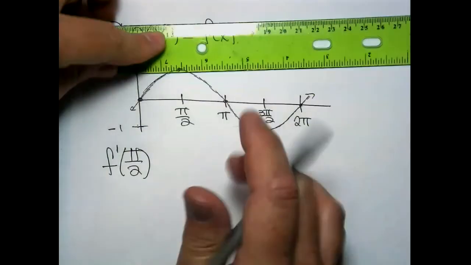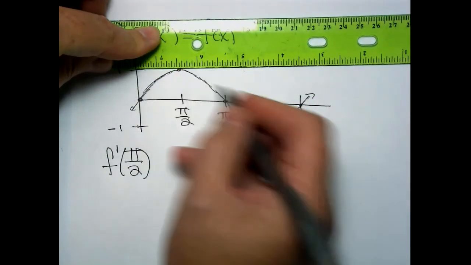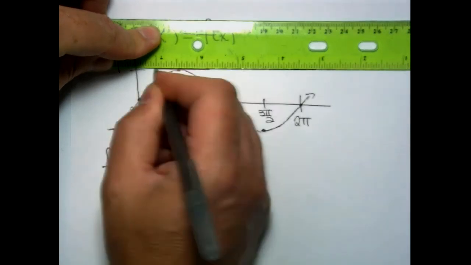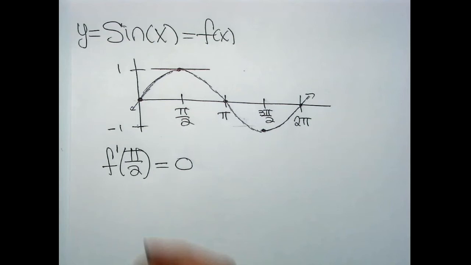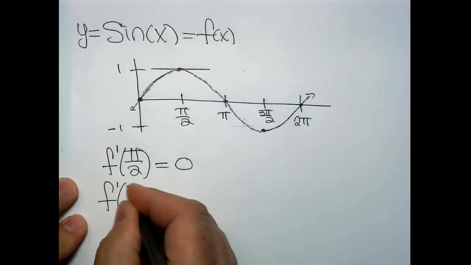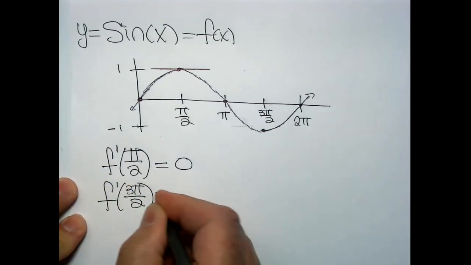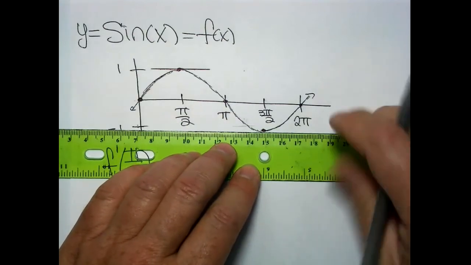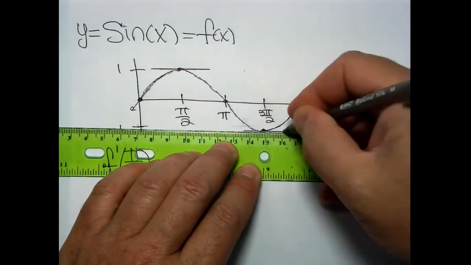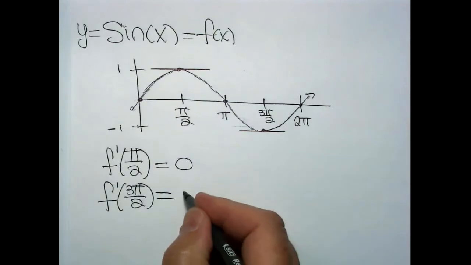Well, drawing a tangent line, it looks to me like f prime, the derivative, should be 0 there. What should f prime be at 3 pi over 2? Same thing, come over to 3 pi over 2, and that looks like another 0 to me.